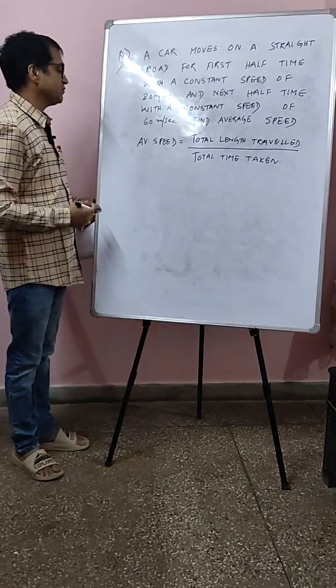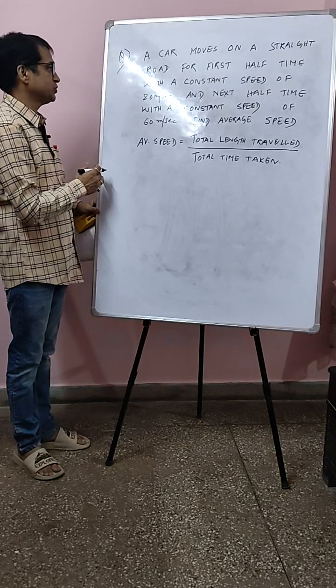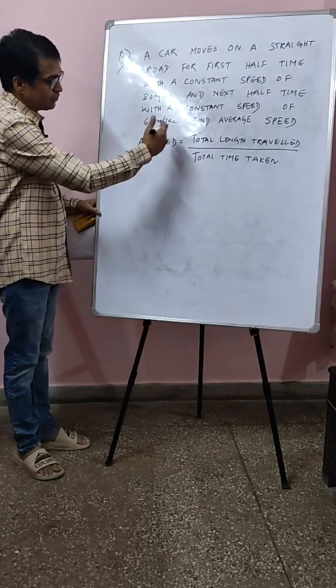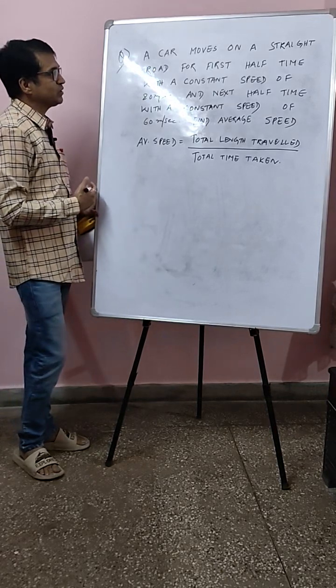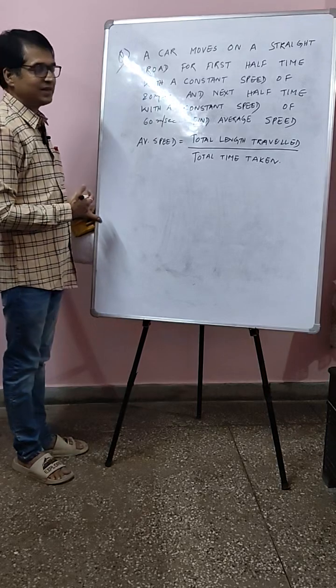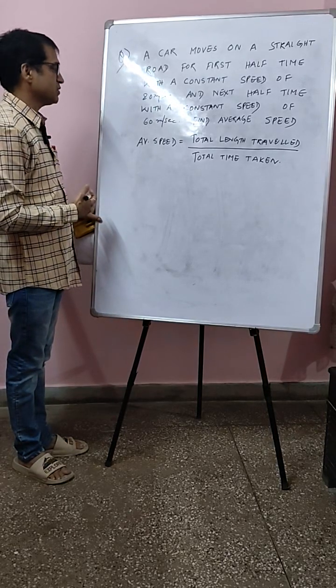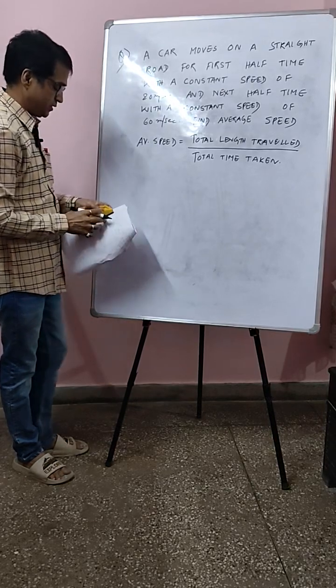So this is what we have to find, average speed. The question is given, and by using this formula we'll find the average speed. A car moves on a straight road for first half time with a constant speed of 20 meter per second, and second half time with a constant speed of 60 meter per second.